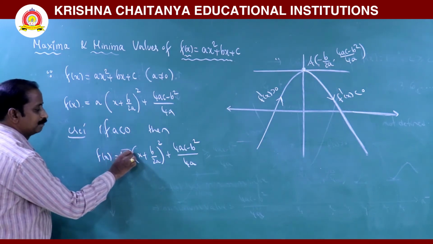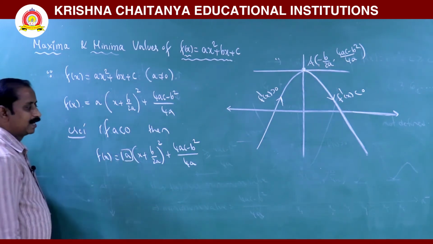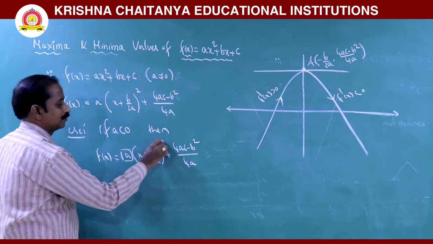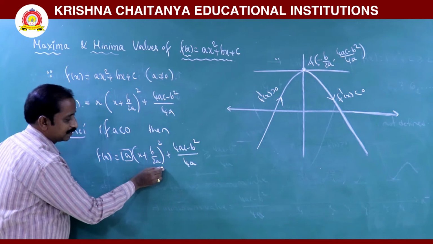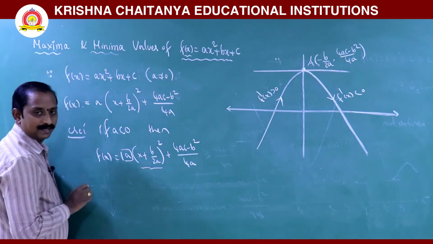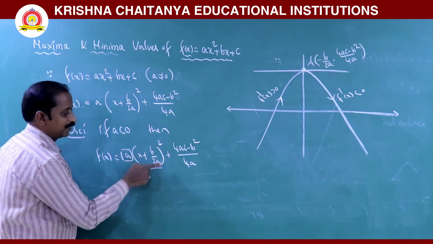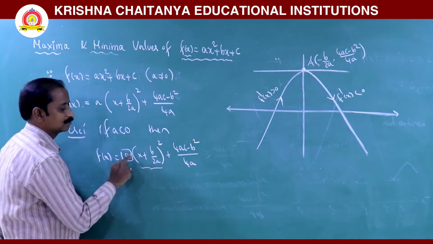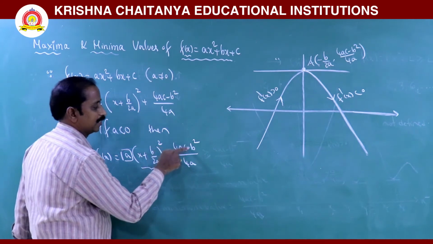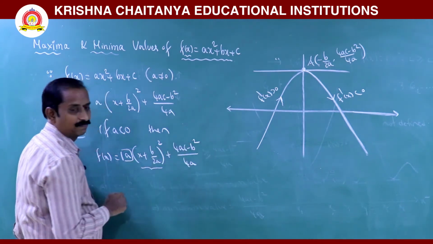This part is completely negative, and this is (x + b/2a)², plus (4ac − b²)/4a. If x is equal to −b/2a, this term is 0, and 0 times anything is 0, so what remains is (4ac − b²)/4a.